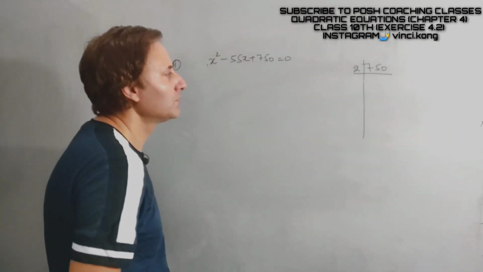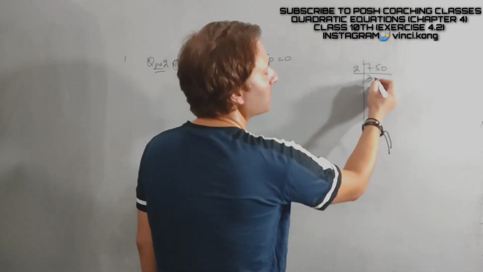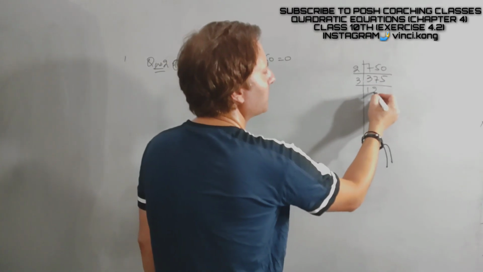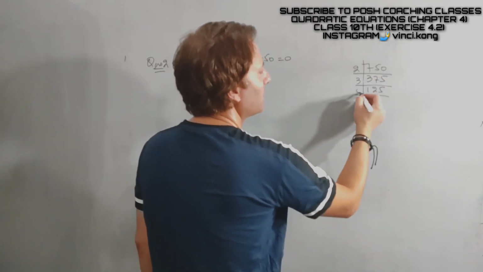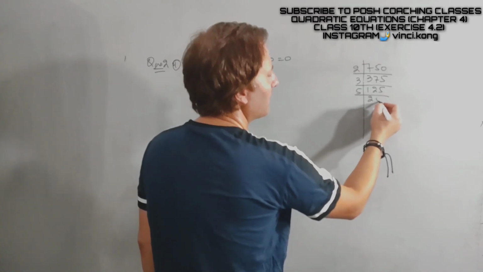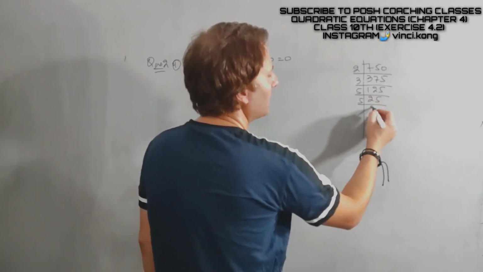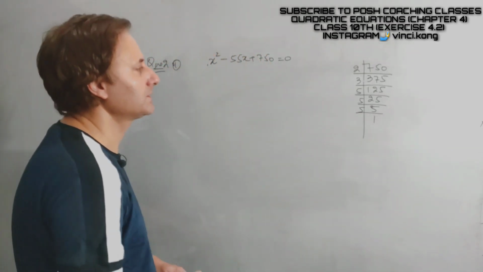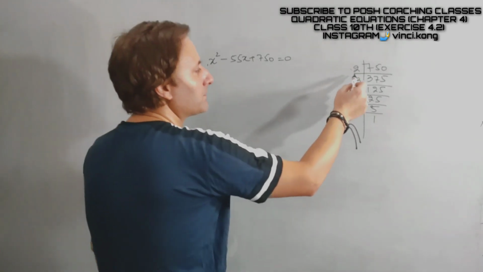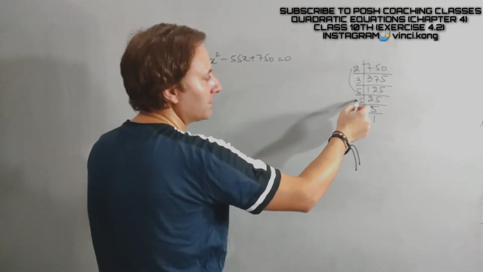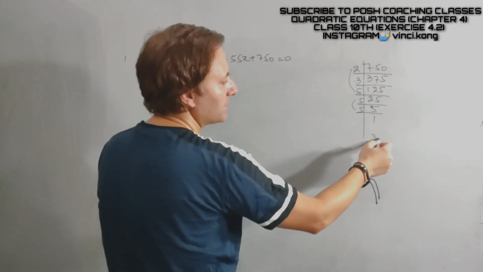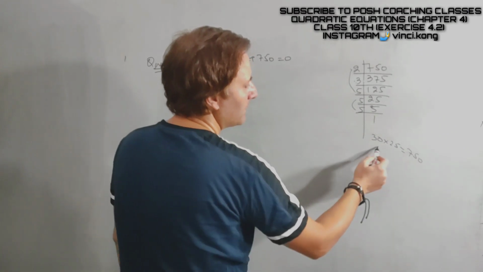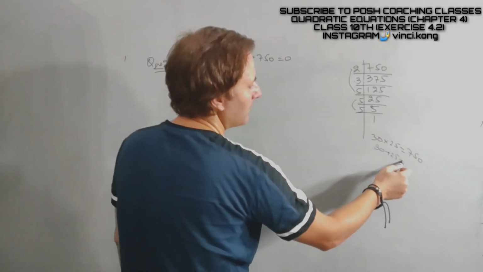So what are the factors? Let's start with 2. 2 times 3 is 6, 2 times 5 is 10, 3 times 5 is 15, 5 times 5 is 25. So now I have these factors. Let's see, 2 multiplied by 3 is 6, 6 multiplied by 5 is 30, then 5 times 5 is 25. 30 into 25, obviously it is 750, and 30 plus 25 is 55.